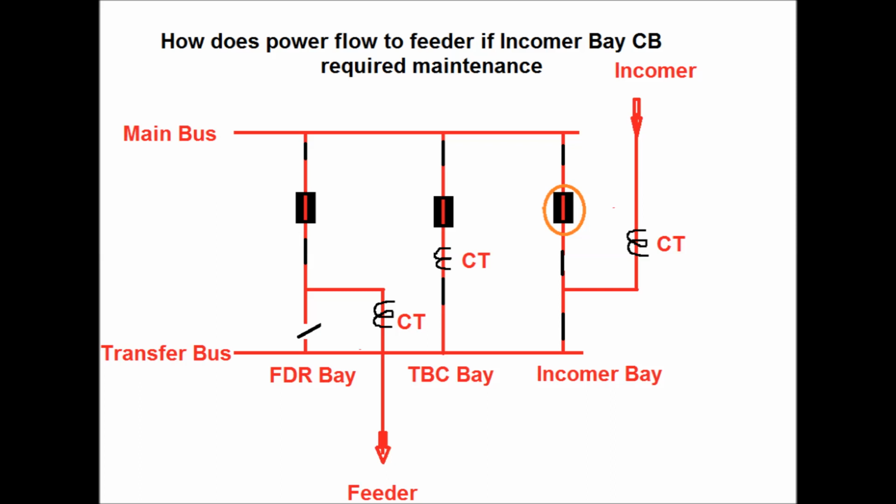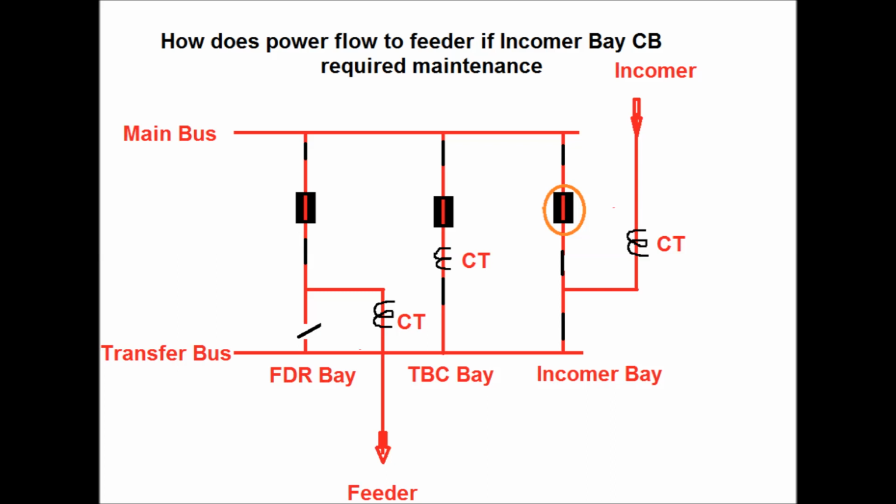Then we can close the circuit breaker from the TBC bay panel. As soon as we close the circuit breaker of the TBC bay, the two bays, the TBC bay and the incomer bay, are in parallel condition. Now we can open the circuit breaker of the incomer bay. Now we have to open the isolators, that is 89L and 89A, the bus side isolator, so that maintenance of the circuit breaker can be done.